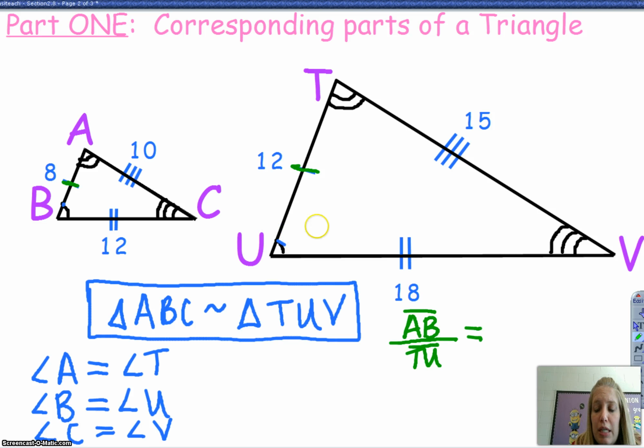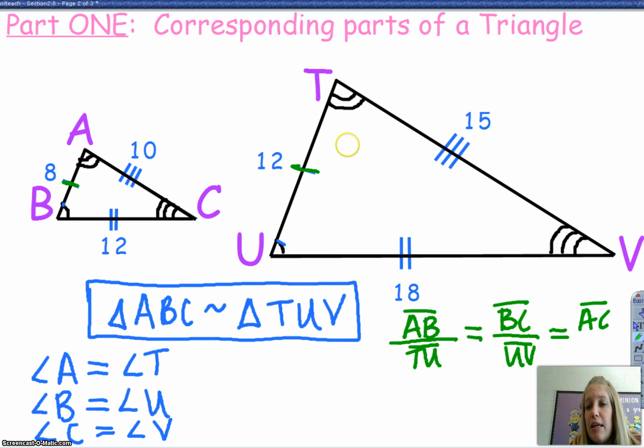And it's proportional, equal, to line segment BC to UV, which is also proportional to AC. Now notice how I do this, A to C, so I went from 2 tick marks to 3 tick marks. TV is how I say the second one. You don't want to say VT. You don't want to go the other direction. So these are proportional. They can set up a proportion amongst them. And we could do the same thing with our numbers and set up a proportion and it would work.